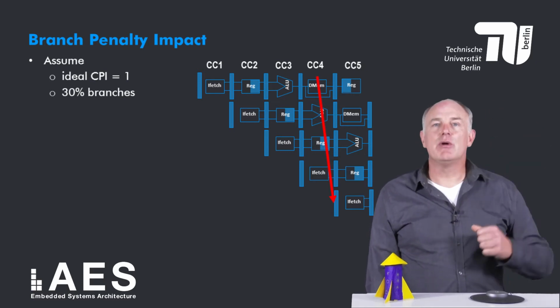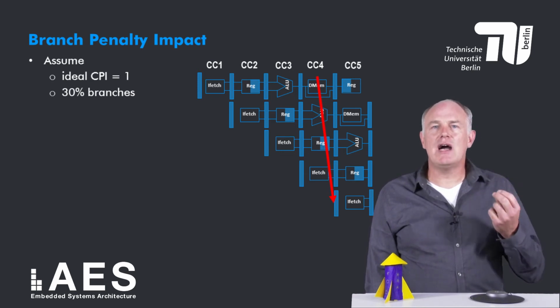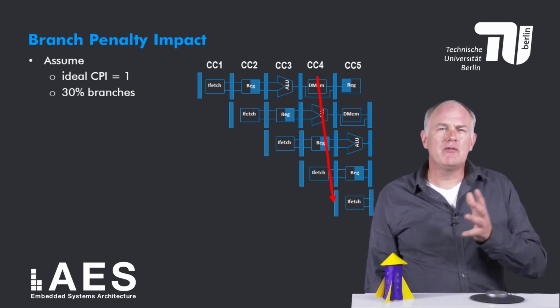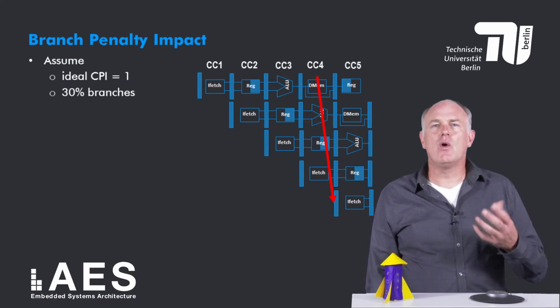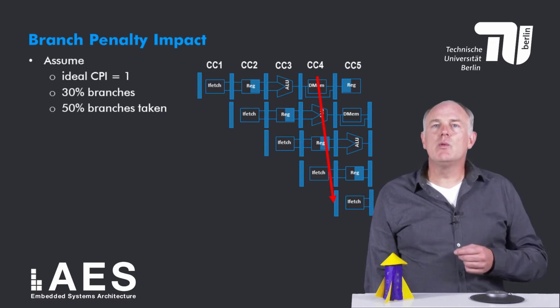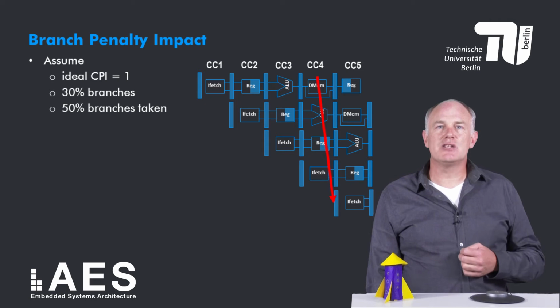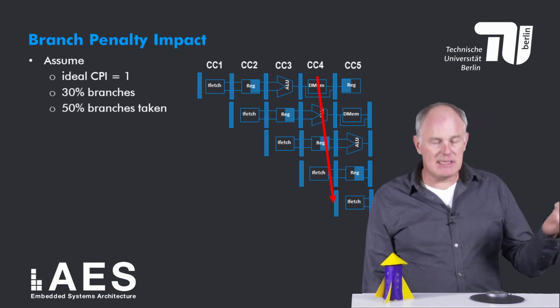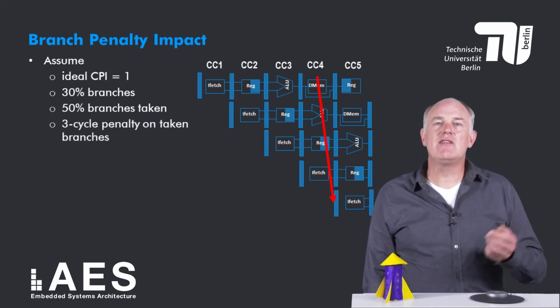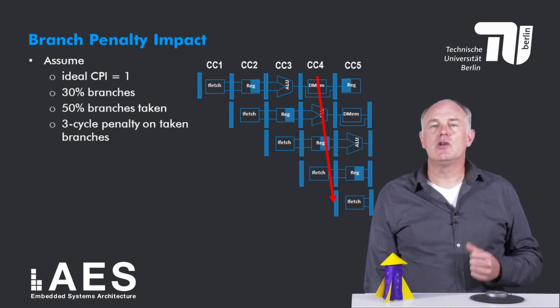This is high, but not unreasonable. In reality, on average, 1 out of 5 to 1 out of 7, so about 15 to 20% of all instructions are branches. We also assume that 50% of all branches are taken, which is a very realistic assumption. And as stated before, we assume a 3-cycle penalty for taken branches, but branches that are not taken do not incur a penalty.